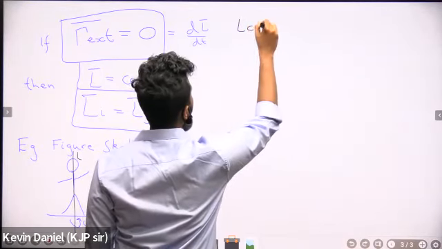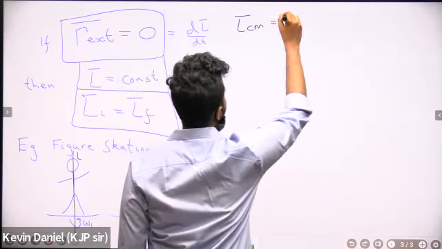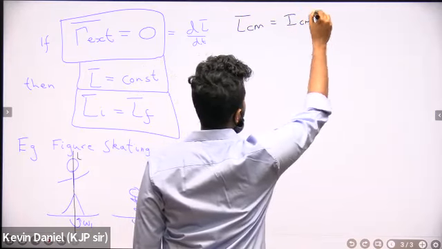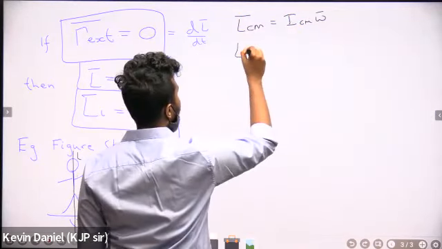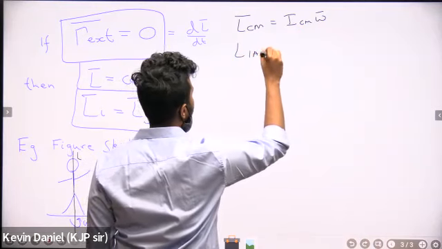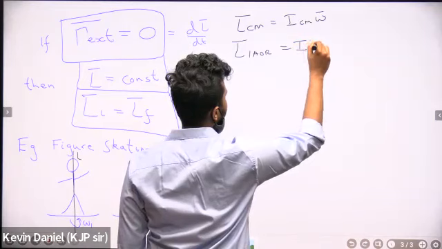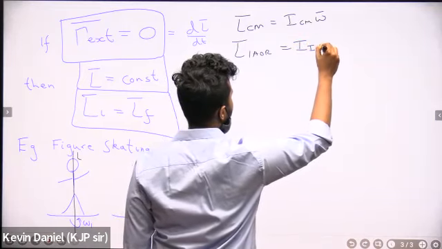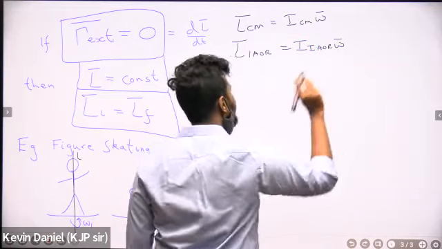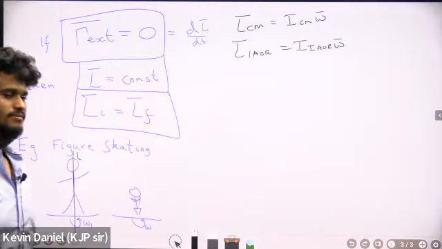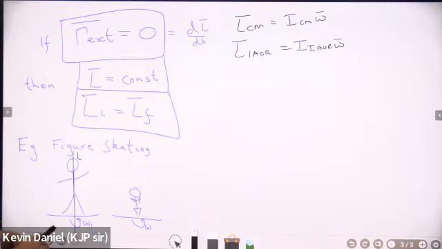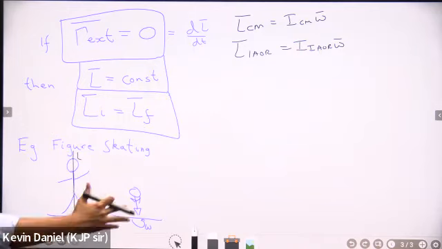Angular momentum about the center of mass is I_CM omega, and similarly angular momentum about the instantaneous axis of rotation. Don't be scared of it. The instantaneous axis of rotation is basically the fixed axis about which they are rotating at a particular instant. Angular momentum about those two are special cases of that general formula.